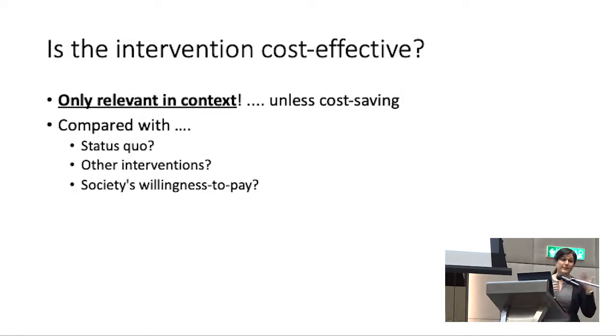Or are you comparing it with some other intervention? Or are you comparing it with some threshold like willingness to pay, which there are some countries that have established thresholds of what a nation or a government payer is willing to pay for an additional unit of health, like quality adjusted life years. So there are some standards out there.